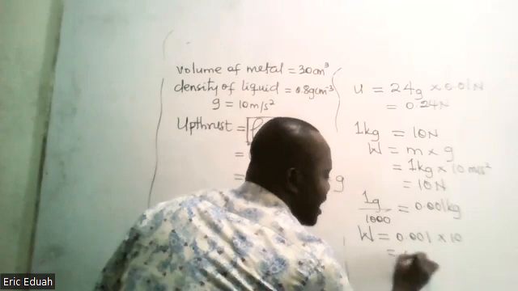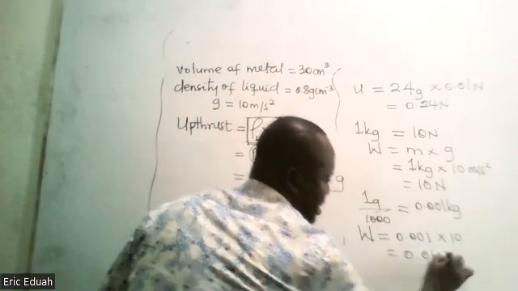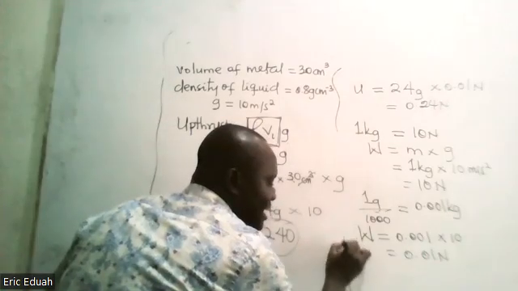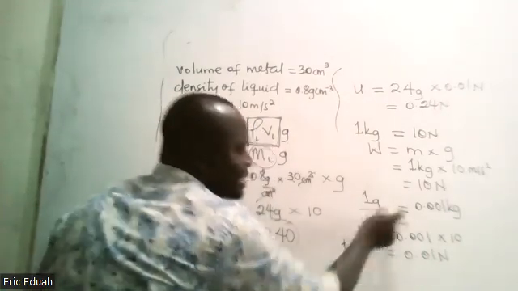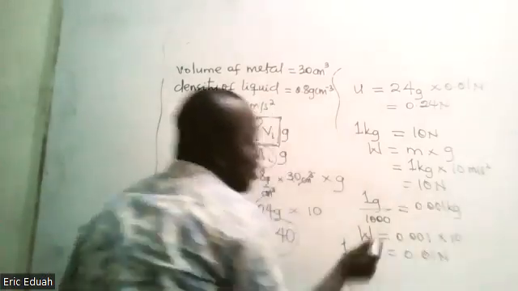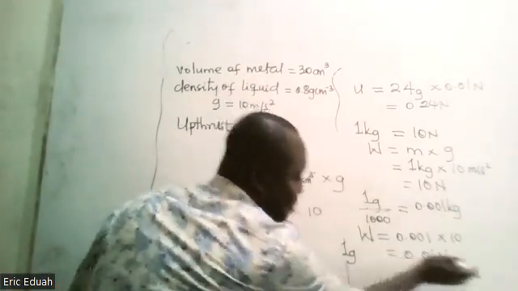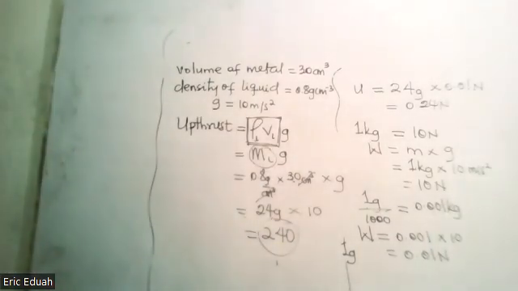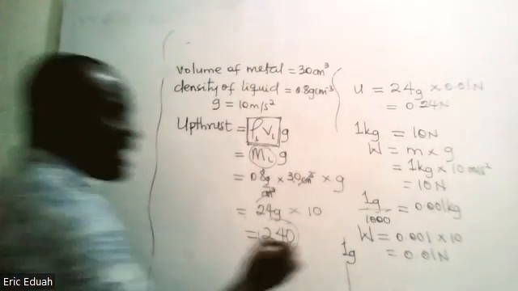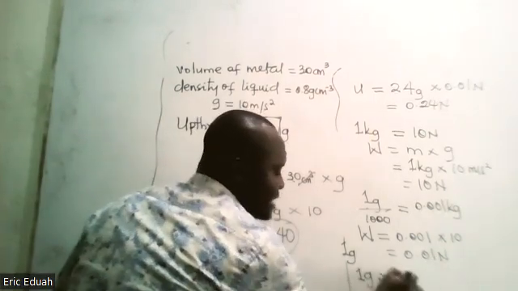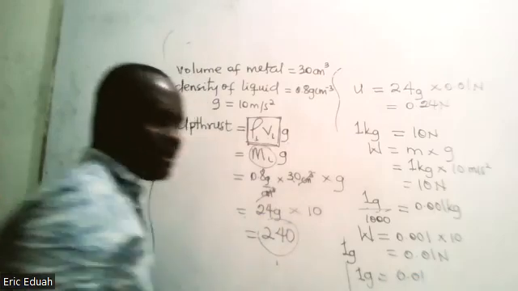And this will give me 0.01 Newton. This is the weight of 1 gram mass, either 1 gram mass or 0.001 kilogram mass. So if I have 1 gram mass, it will weigh 0.01 Newton.